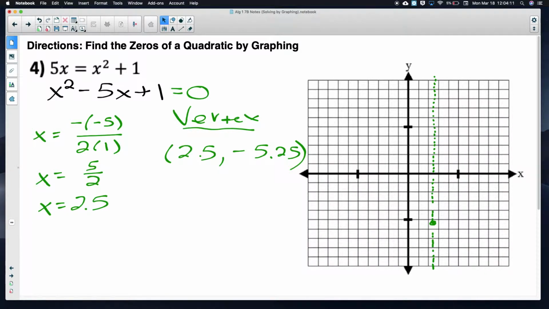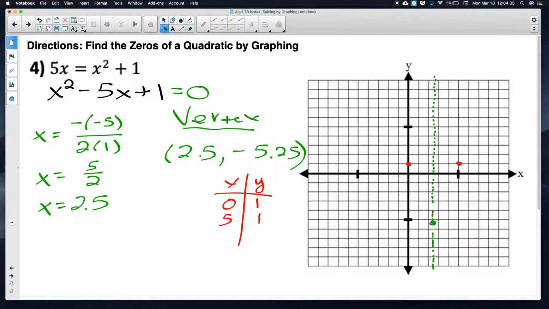So let's create an XY chart. Let's plug in 0. When I plug in 0, I'm going to get out 1, because that's going to be my y-intercept. And because of symmetry, I also know (5, 1) is going to be a point.